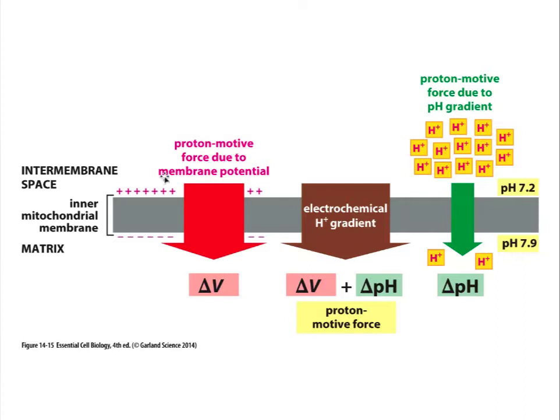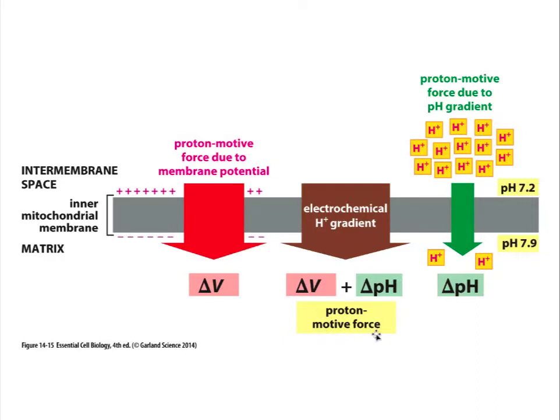There's also an electrical force repelling the positive charge on these protons down into the negatively charged space. These two forces can be added up because they're facing in the same direction with respect to the protons. Therefore we have this huge electrochemical proton gradient, an additive effect of this and this. That's called your proton motive force.